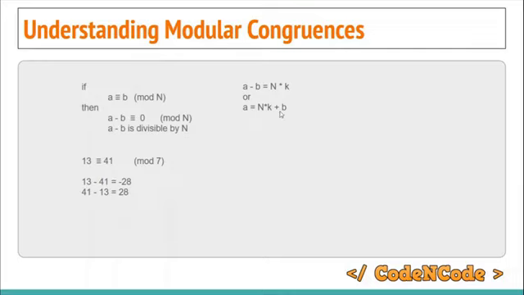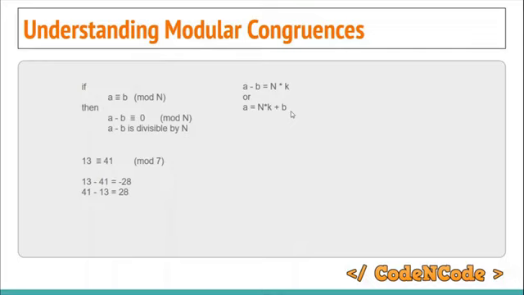So what it tells you is that if you have a number b, you can add or subtract n as many times as you want, because k can be negative as well. Its remainder would still be the same under modulo n.